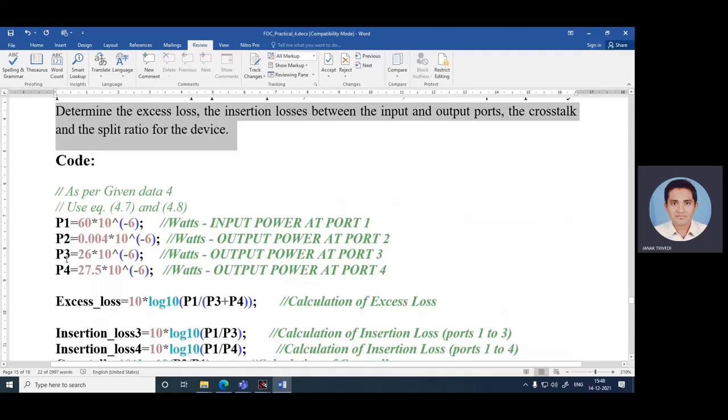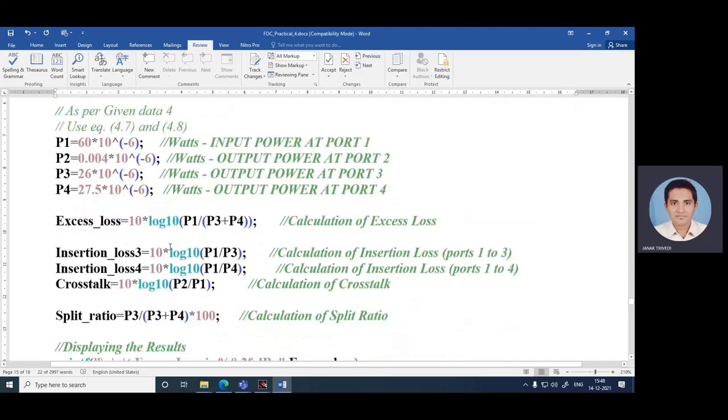P1, P2, P3 and P4 are all given in terms of watt. P1 is the input power at port 1, P2 is the output power at port 2, P3 is the output power at port 3, and P4 is the output power at port 4. Excess loss is equal to 10 log 10 of P1 divided by P3 plus P4, for calculation of excess loss. Insertion loss is 10 log 10 of P1 by P3, for calculation of insertion loss from port 1 to port 3.